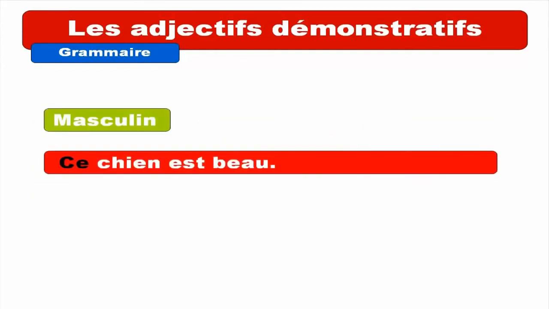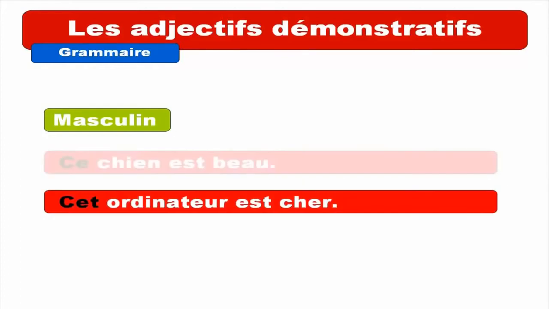So masculine, first example, ce chien est beau. Okay, so basic example, no problem in this sentence. Second example, cet ordinateur est cher. So in this sentence you can see the reason why there are two forms for the masculine.